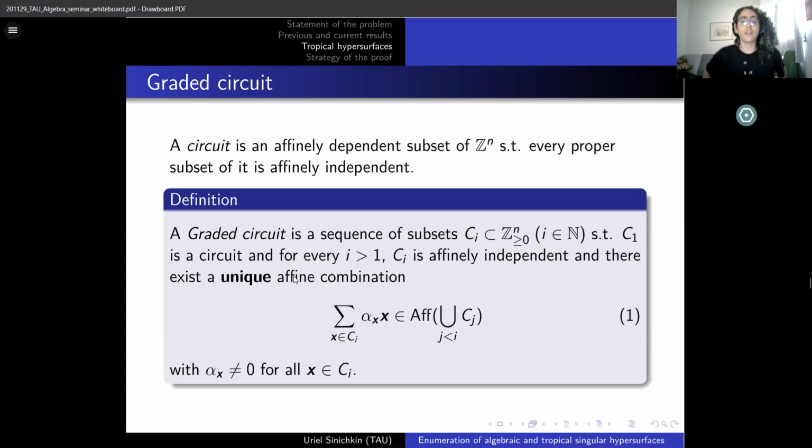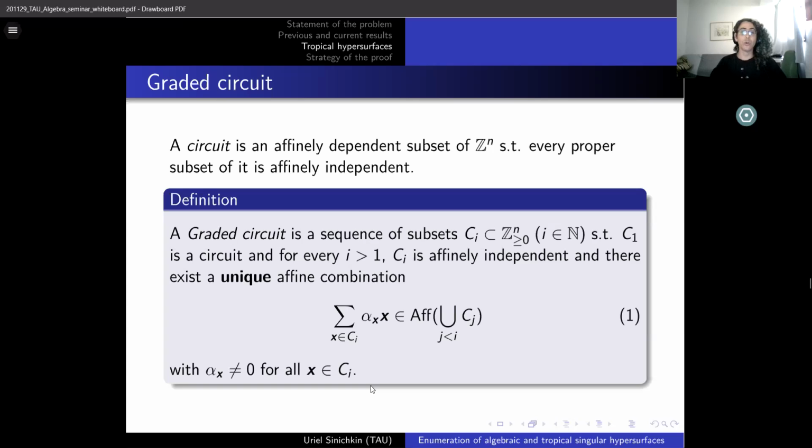So a graded circuit is a sequence of subsets, where the first is a circuit, and every next one has a unique affine combination that lies in the affine hull of all the previous ones with non-zero coefficients. Okay, so all the coefficients should be non-zero.